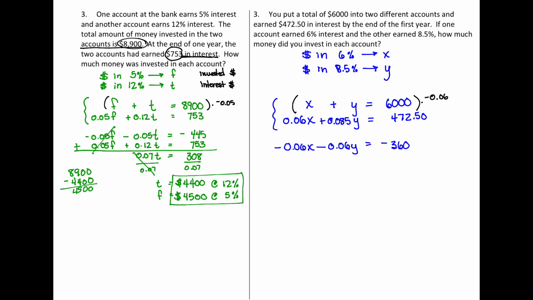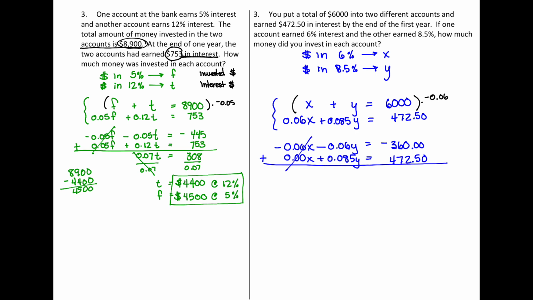Bring the second equation down: X plus, and I'm not changing a thing on this second one, is equal to 472.50. If you want to put a .00 up there so it matches, do it. It's totally fine.